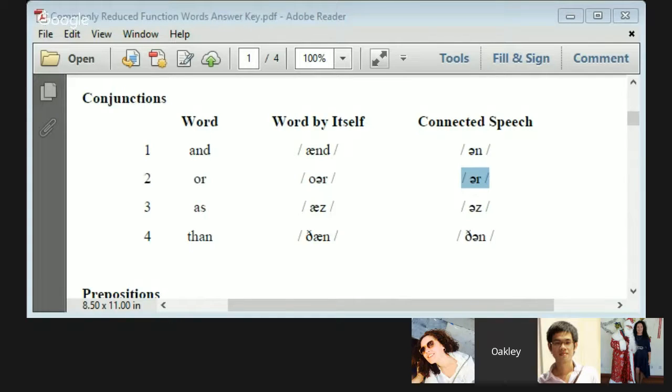Every word basically, sometimes it gets reduced to a short sound that sounds more like an E, more like an I.